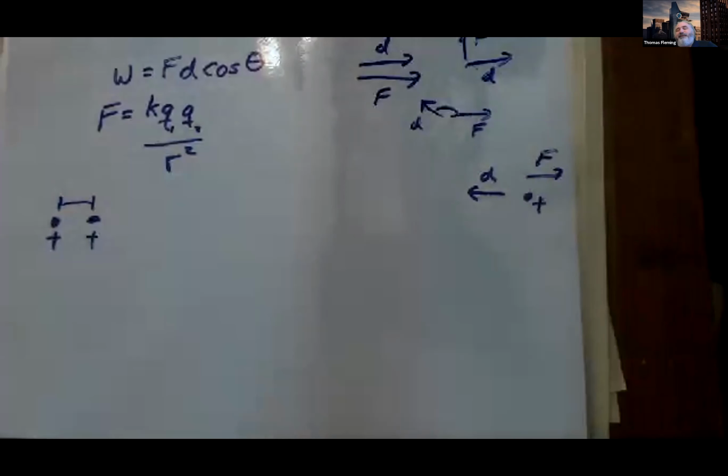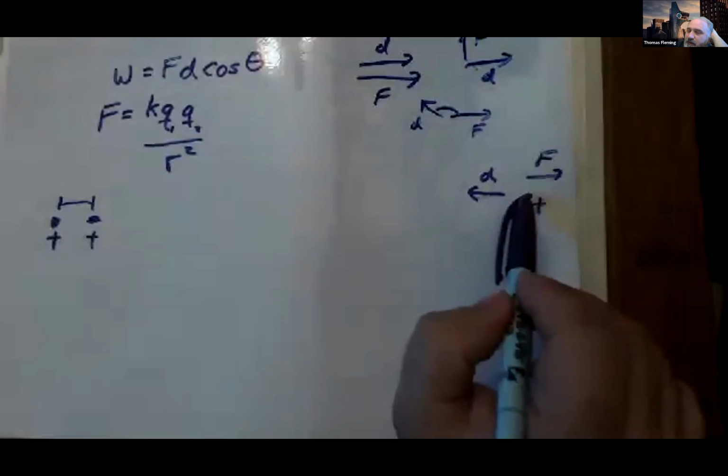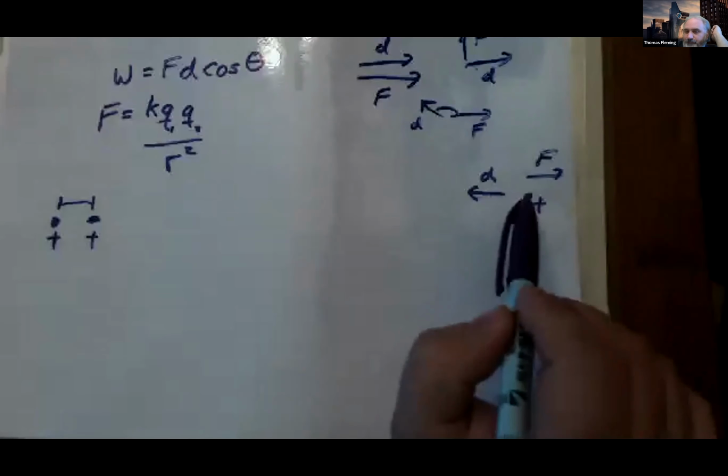Now, that's easy enough. But if I try to actually calculate how much work I'm doing, I run into a problem. The amount of force that this charge is feeling keeps changing.